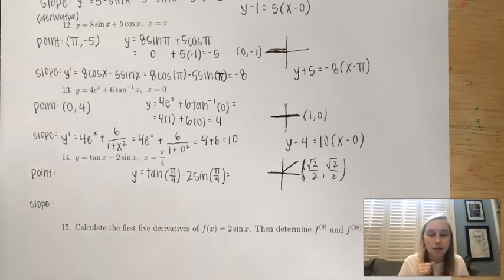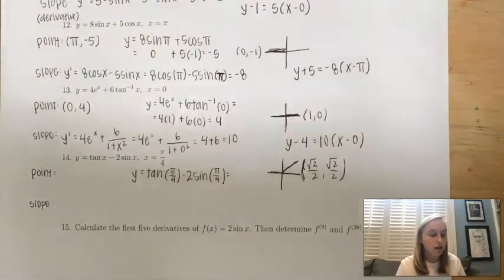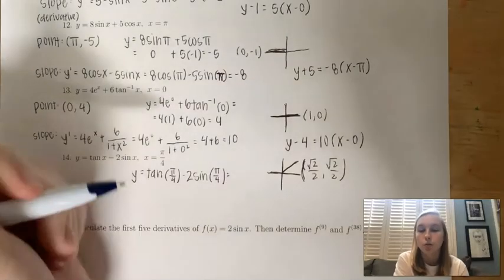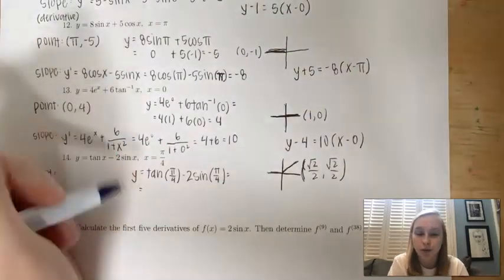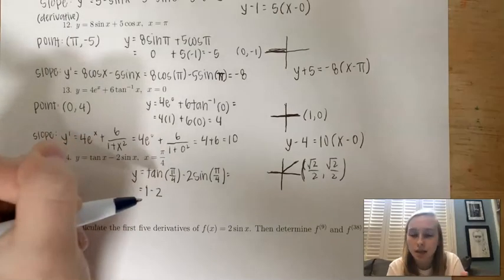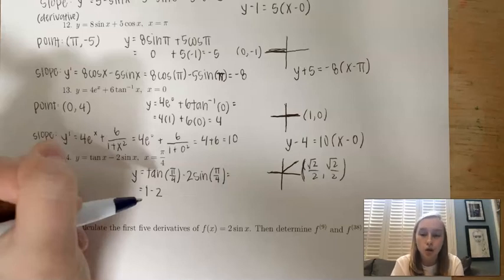And remember how I was mentioning in the previous problem, tangent equals y over x. So the y over x of this would be root 2 over 2 over root 2 over 2. So it's basically the same thing over the same thing, which is always 1. And then you get minus 2, and then sine, which is the y value, so root 2 over 2.